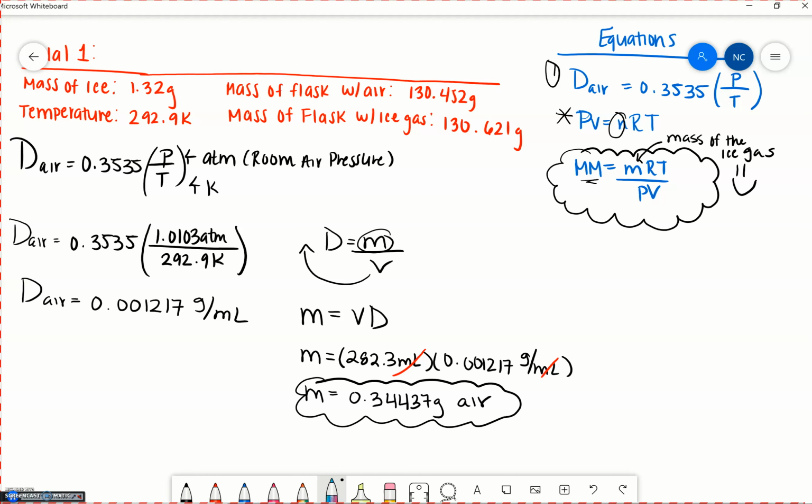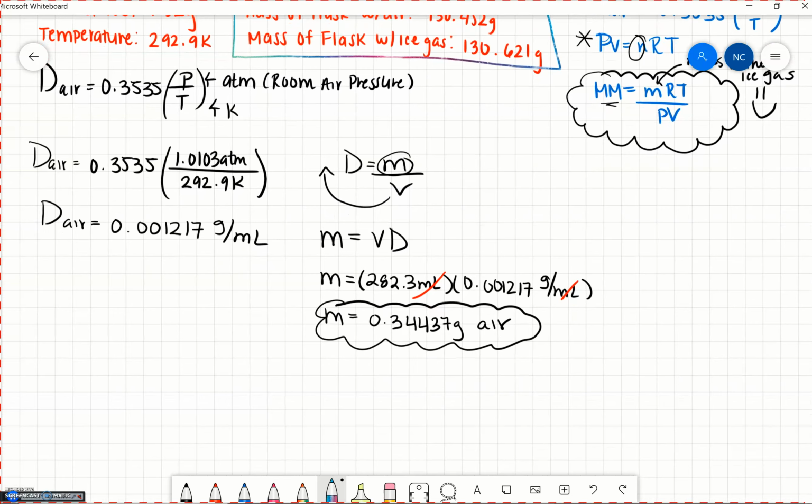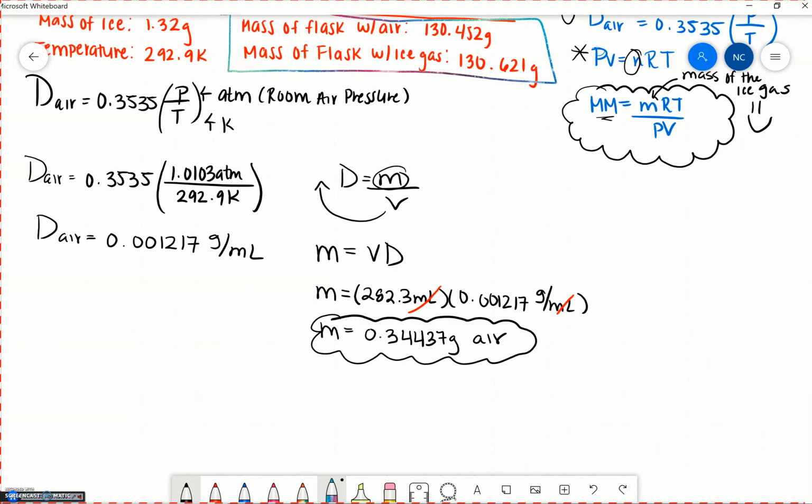Now you're just going to focus on these values up here. So you're going to take the mass of the flask with air, subtracted by the mass of the air, so you get the mass of an empty flask.